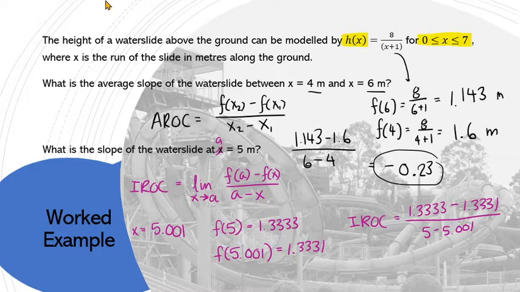We've gotten to a point where we're only 0.001 units, or meters, I guess, away from that point we're considering, 5 meters along the ground. And when you do this math, you get negative 0.2. And we can observe that at 5 meters along the ground, we're actually pretty close to the average slope between 4 and 6 meters. That happened to work out that way. That is not always going to be the case.